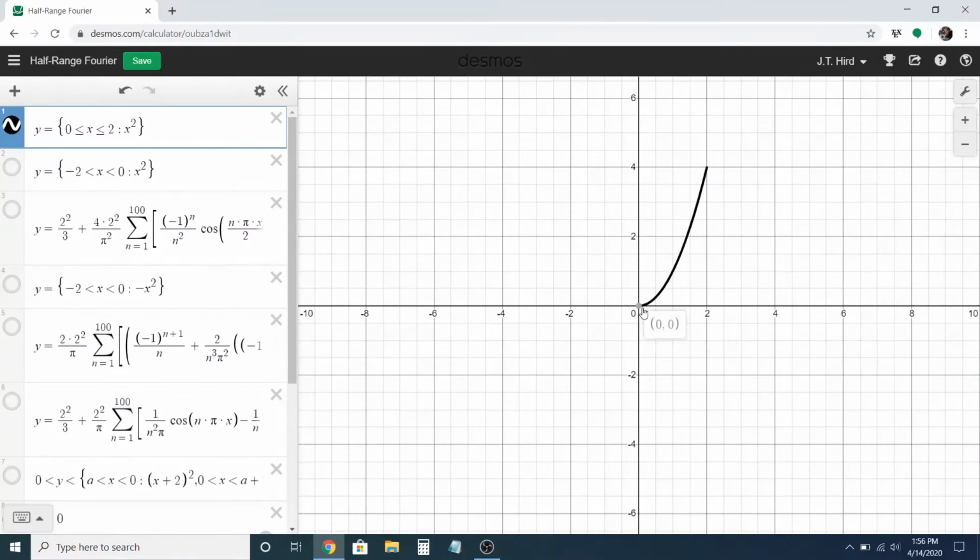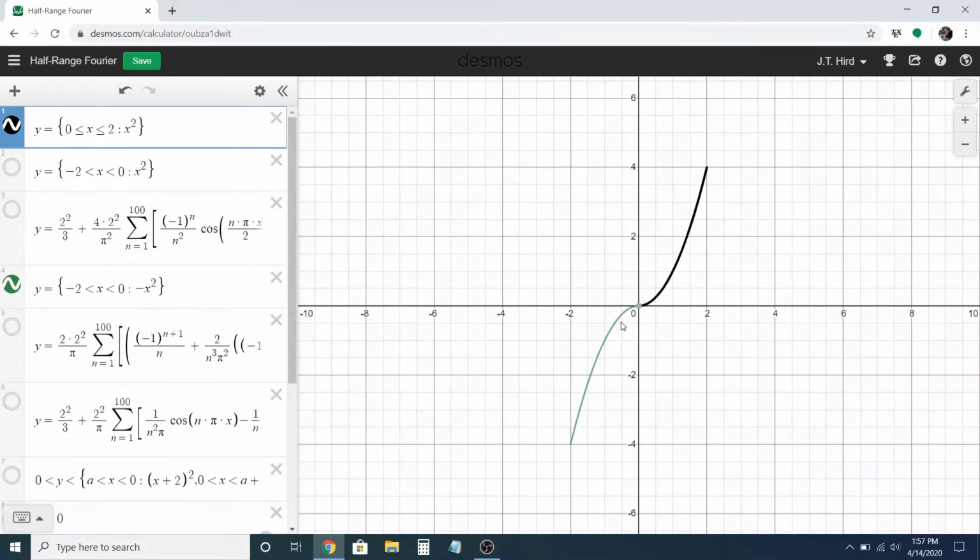Another way we can do it is find a sine series. So assume that this is the right half of an odd function. At first glance, that seems a little strange because our function is x squared. How could that be odd? But if you think about it, what if it was a piecewise function where the right side was x squared and the left side was minus x squared? This is a piecewise function, but it is now an odd function.